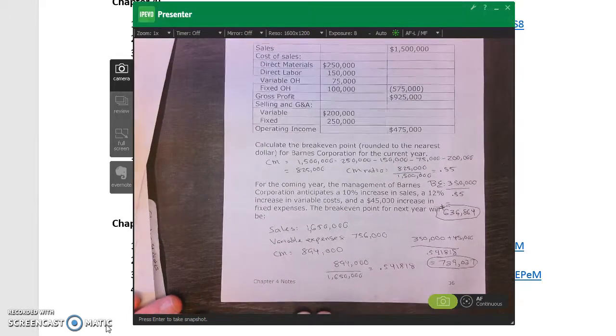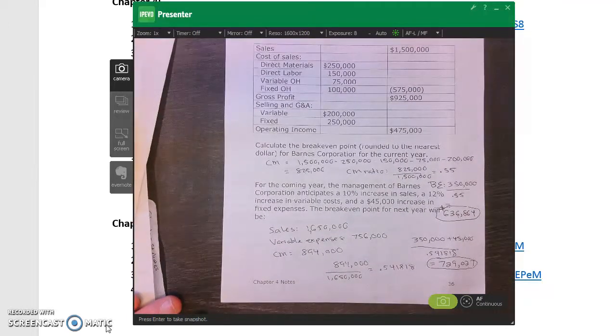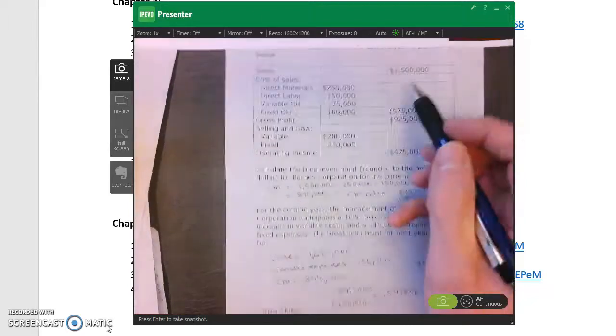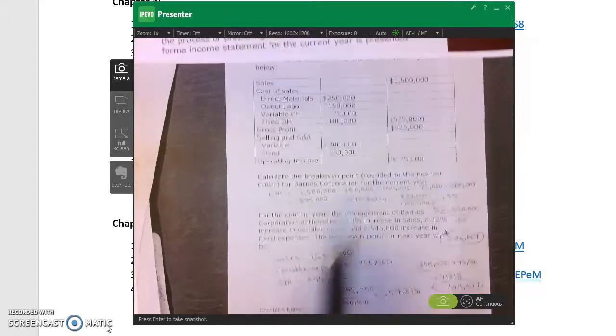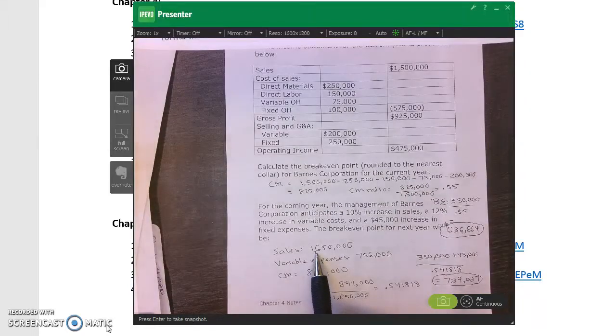Now it says right over here for the coming year we have a 10% increase in sales. So I took my 1.5 million times 1.1, which gives me new sales. That also means that my variable expenses increase by 10%, so my contribution margin also increases by 10%. So my new contribution margin is 894.